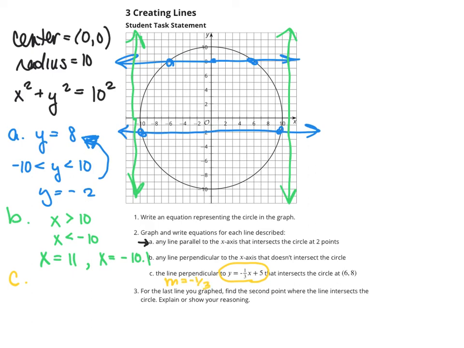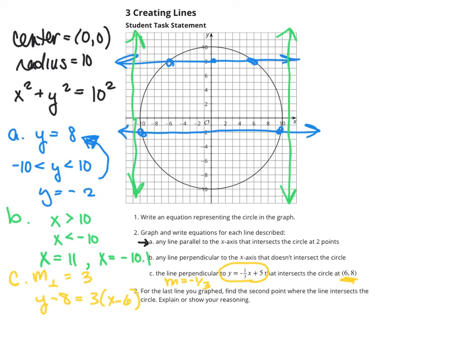So I want my perpendicular slope to be the opposite sign, which is positive, and the reciprocal fraction. So I can say y, I'm going to use this ordered pair right here, y minus 8 equals 3 times x minus 6, and that would be my equation. Okay, in the point slope form.